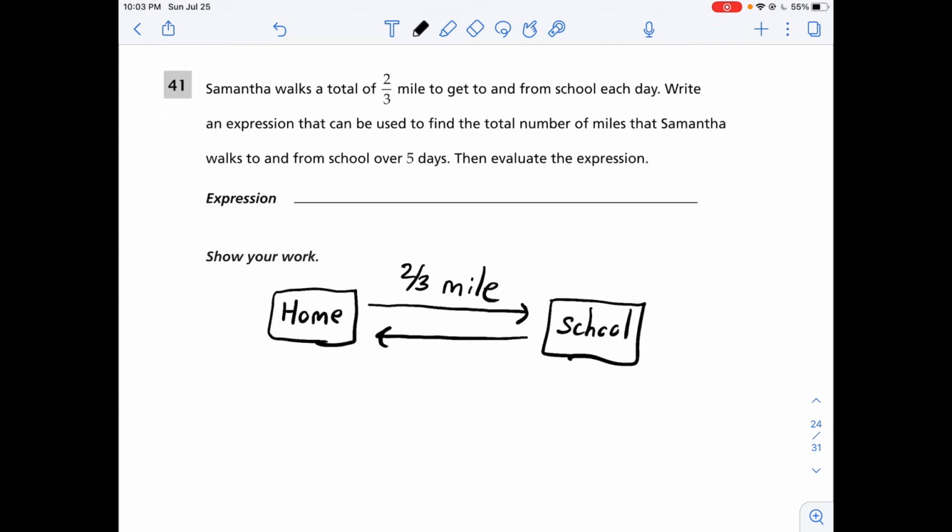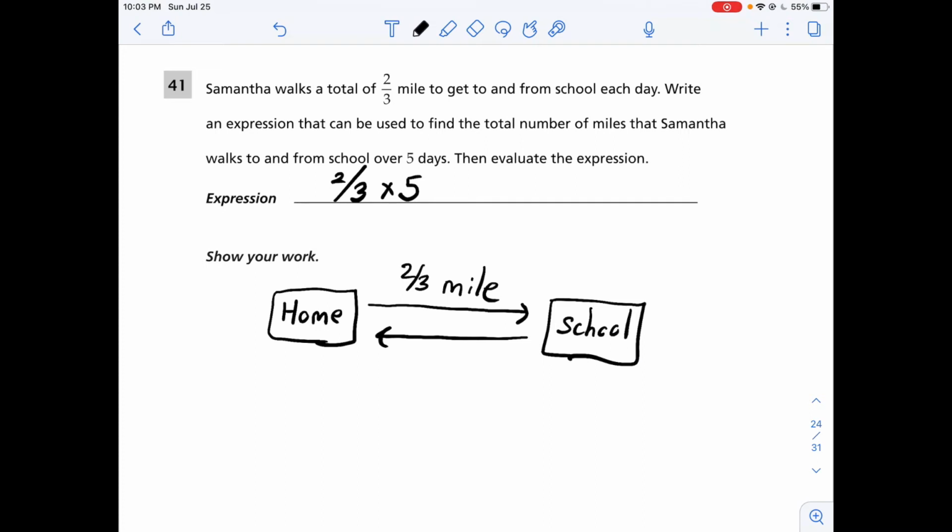Okay. And we want to know the total number of miles that she walks to and from school over 5 days. Okay? So the expression is going to be 2/3. Right, that's what she walks each day, times 5. So we want to know the total that she walks over 5 days.